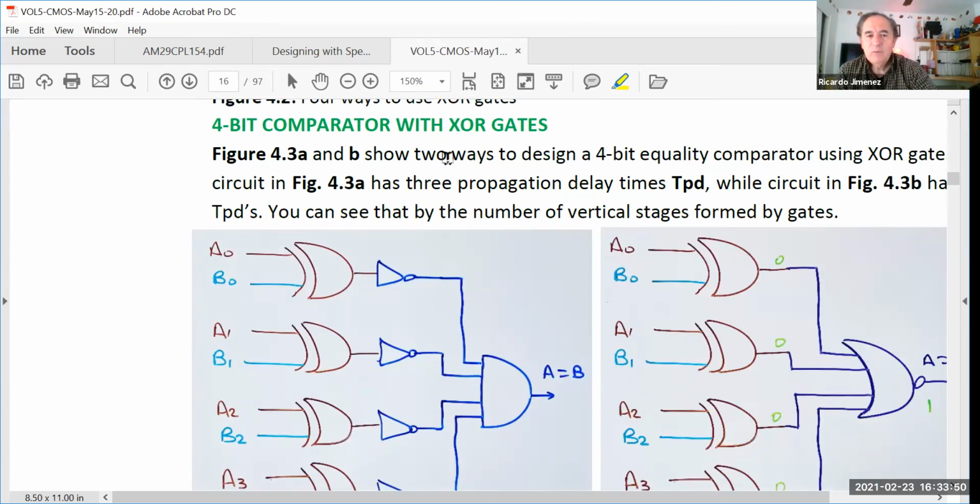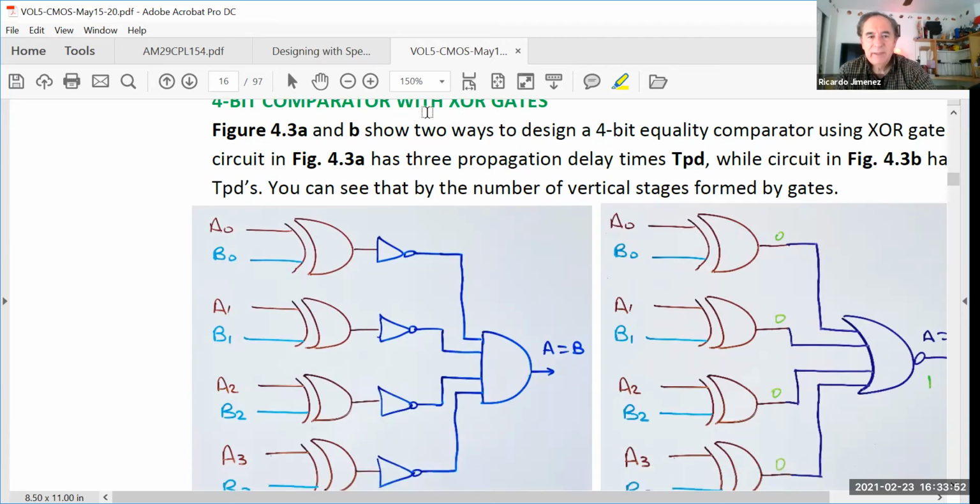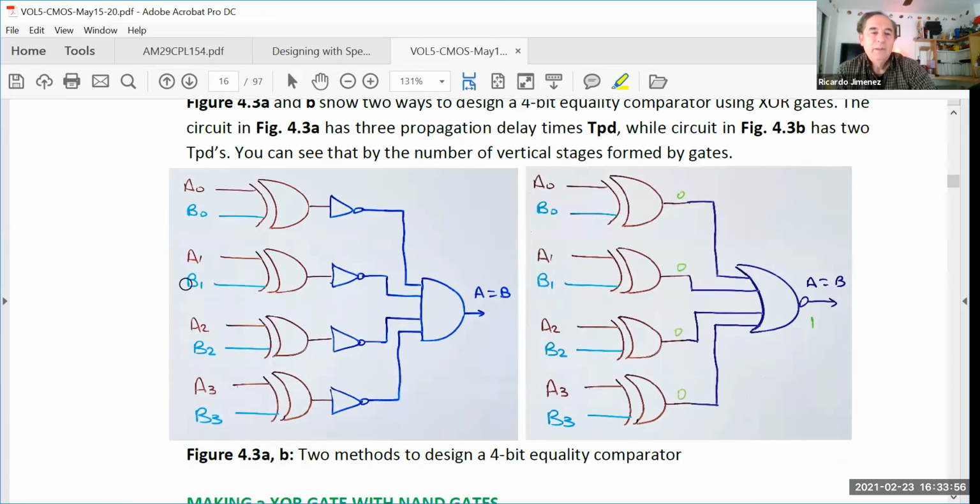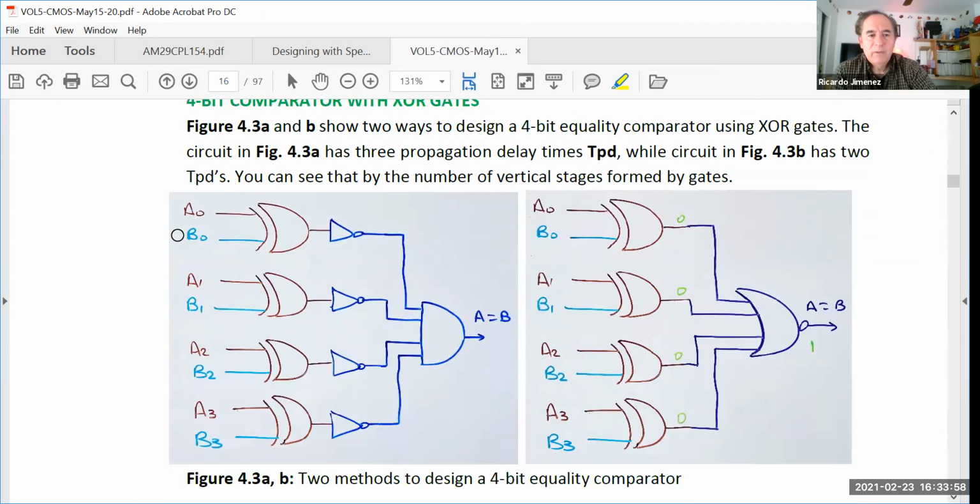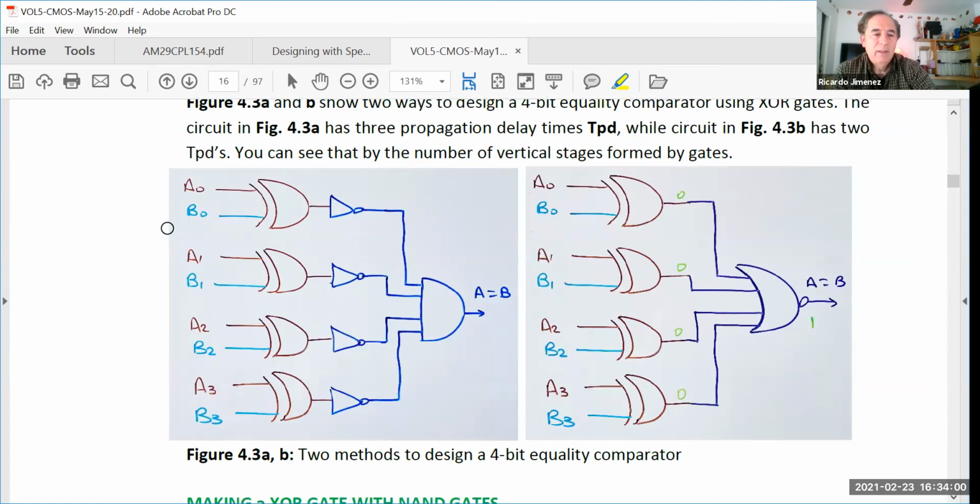So a 4-bit comparator with exclusive OR gates is made this way. If you have 4 inputs, 4 bits, and remember in computer science, 4 bits is called a nibble. I didn't say evil, a nibble.